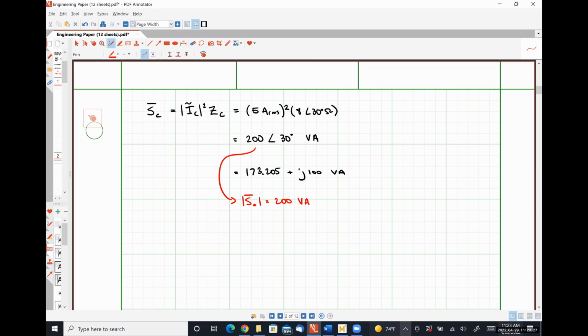So 173.205 right here represents the real part of the complex power, which is the average power. The apparent power is the magnitude of the polar form. So that's exactly the reason why I'm expressing both representations, a polar form representation up here and a rectangular form representation down here.